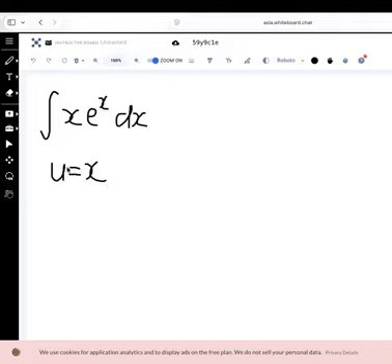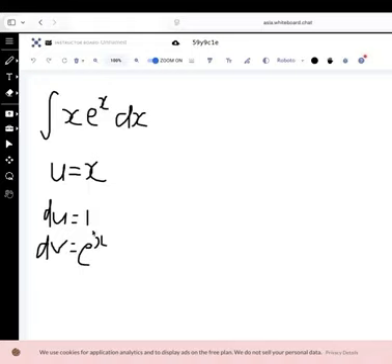Let's say u equals x, and we'll find du. du will be equal to 1. And next, we have to determine dv. Not v, it's dv. And since x is already taken, we'll put e to the x.